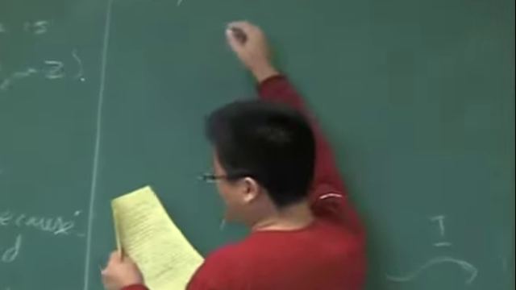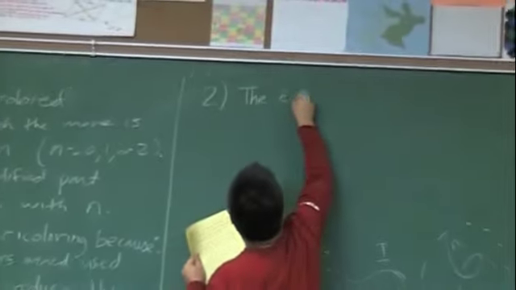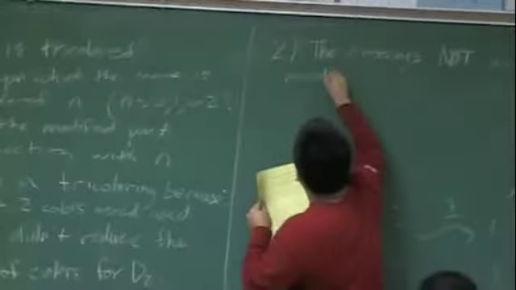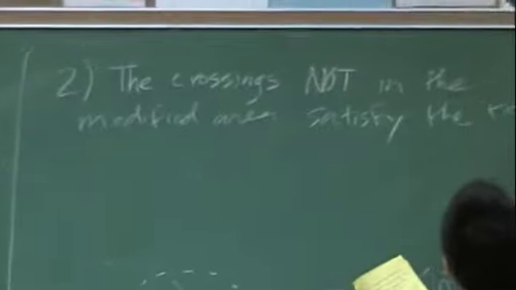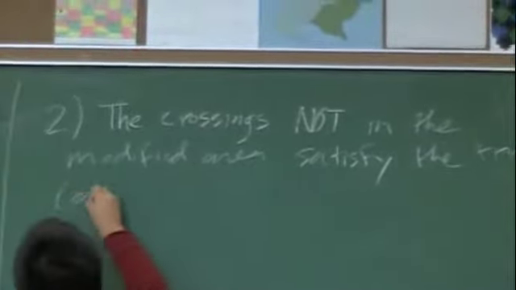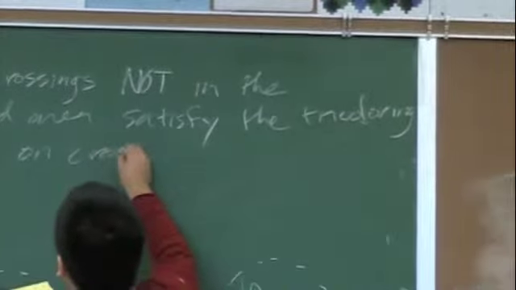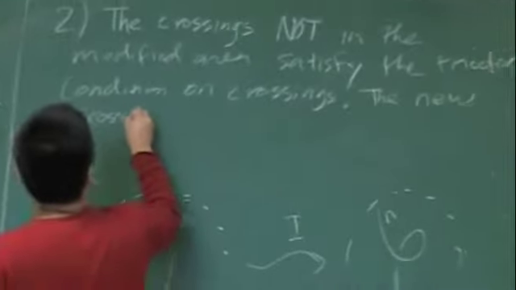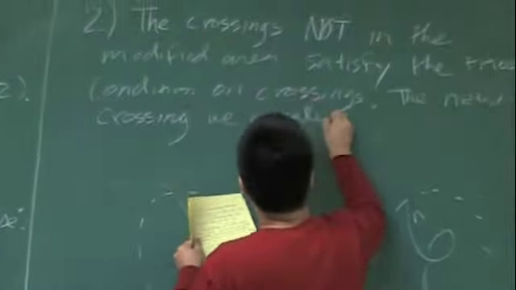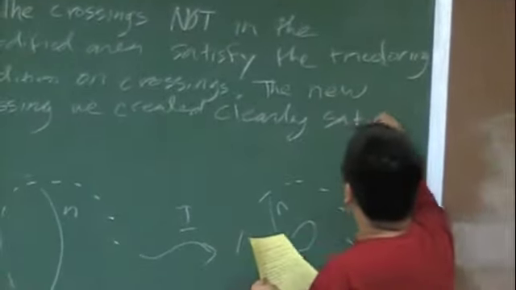The crossings not in the modified area satisfy the tricoloring condition on crossings, and the new crossing we created clearly satisfies that condition, right? It's all the same color.